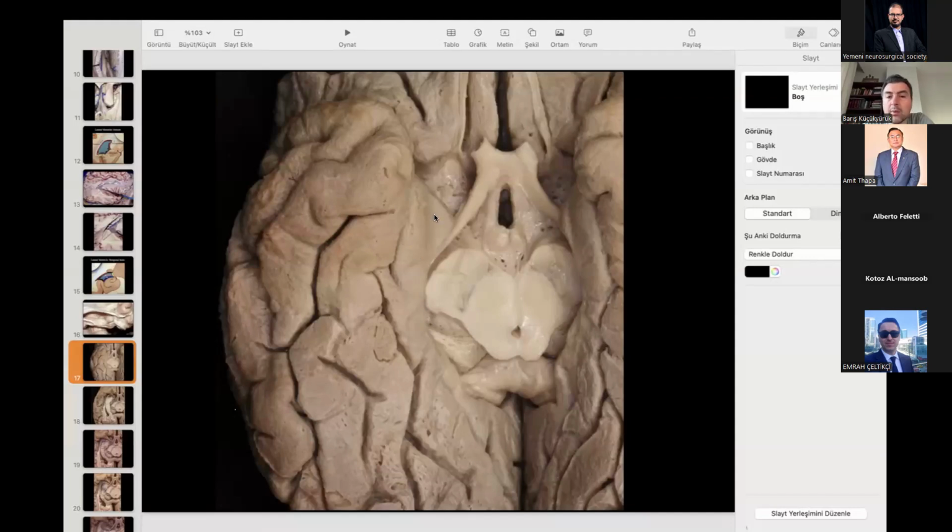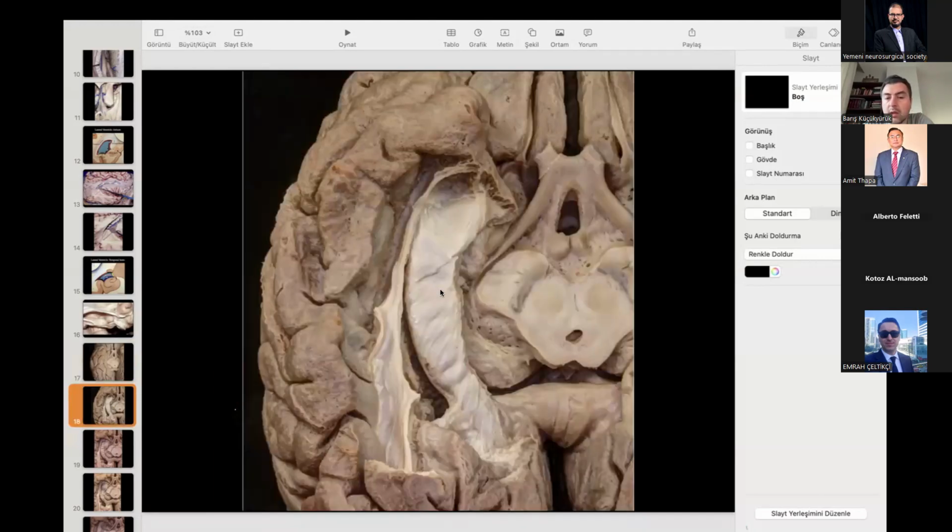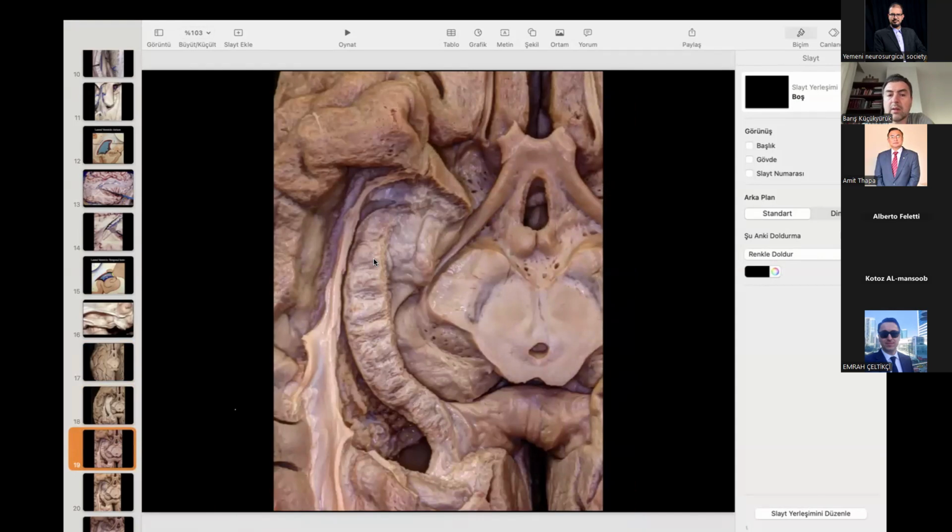Let's remove the uncus and the parahippocampal gyrus as well as the fusiform gyrus to see the hippocampus in the temporal horn. When we remove the white alveolus of the hippocampus, we see the dentate gyri in the hippocampus.